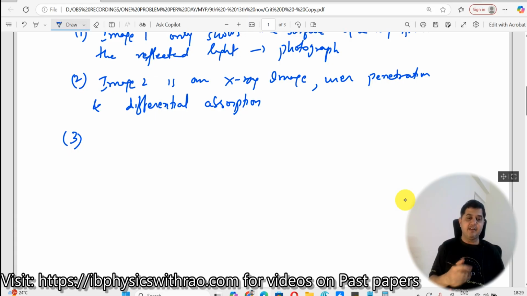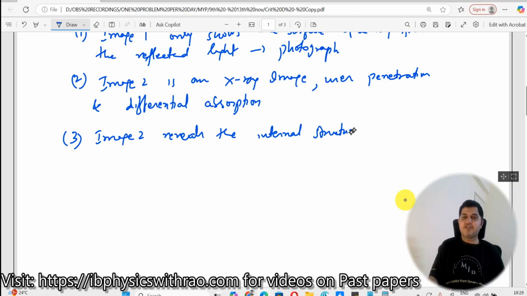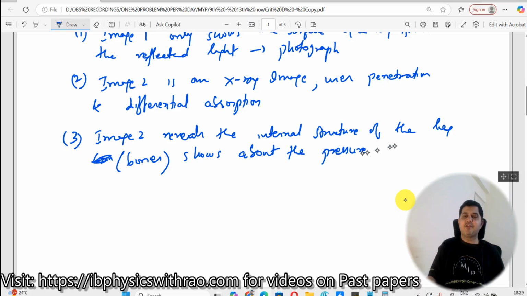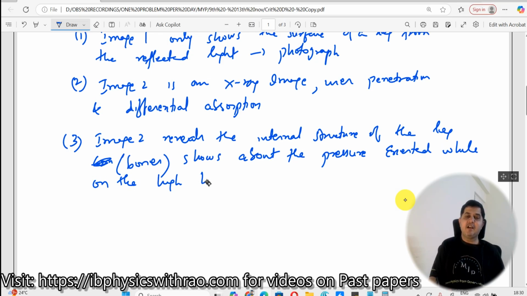In addition to what I have written, you can say that image 2 reveals the internal structure of the leg, maybe the bones, and then you can say it shows the pressure exerted on the leg by high heels, right?